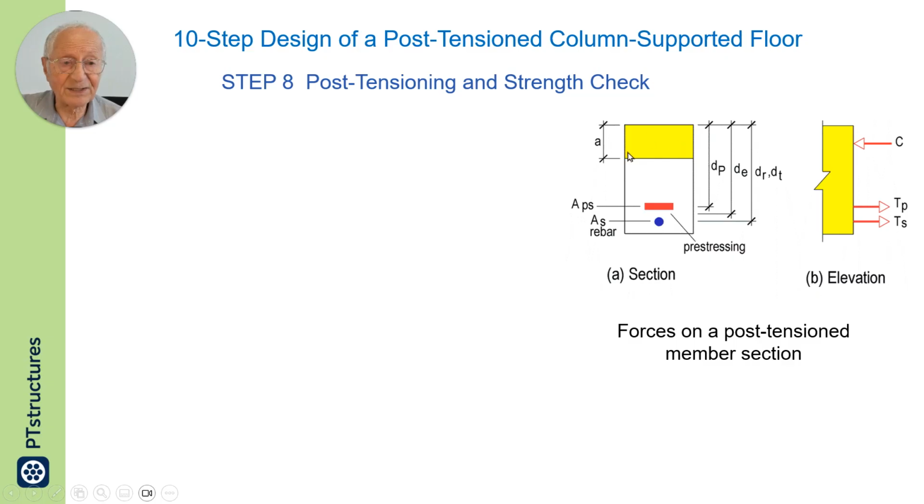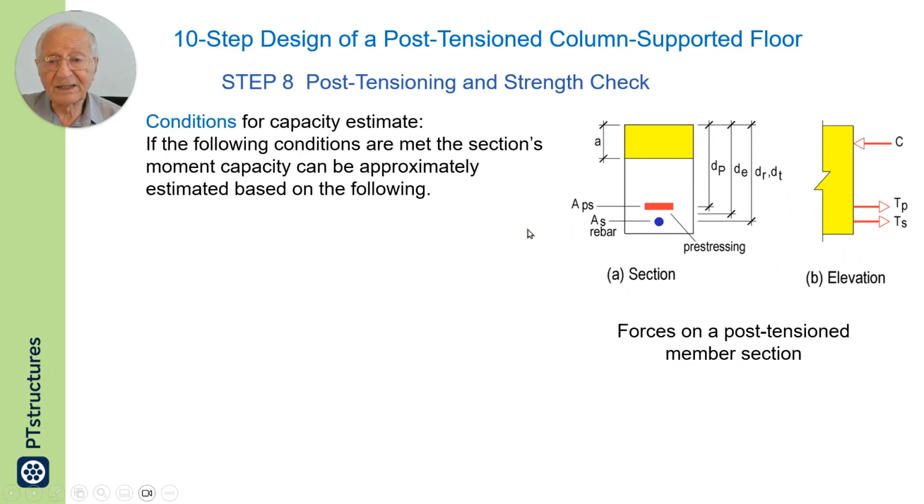I have shown a section here. There is post-tensioning. There is rebar. So the forces on the section are likely to be combinations of concrete compression, tension from post-tensioning, and rebar. If the following conditions are met, the reactions moment capacity can be approximated based on the following.